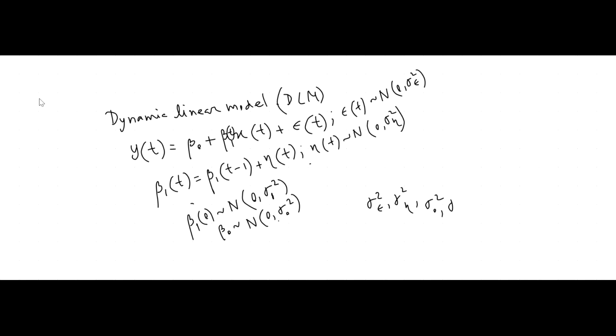Now, these parameters can be estimated by some classical approach, but typically the dynamic linear model is discussed in the context of Bayesian statistics. The idea of Bayesian statistics is that they generally don't consider them as fixed unknown parameters, but they consider these unknown parameters to also have a probability distribution.